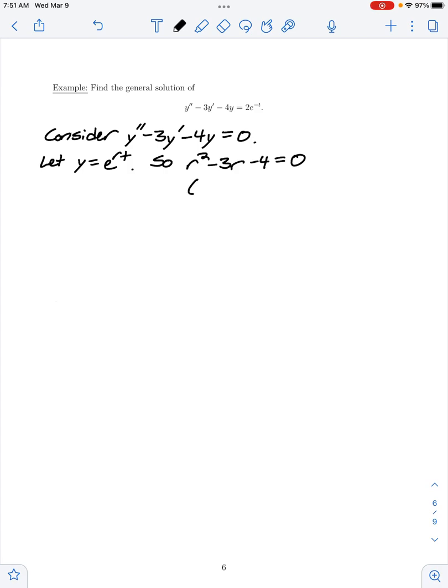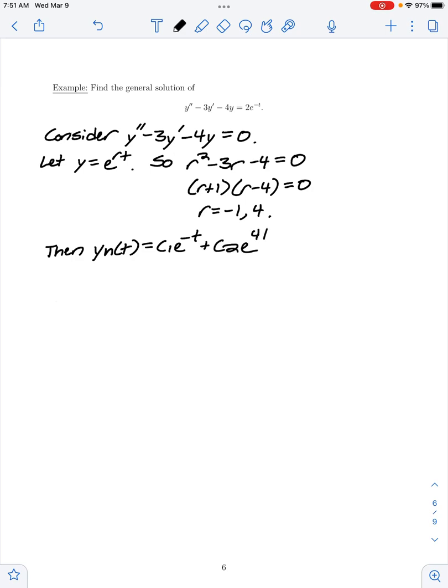This can be factored as r plus 1 times r minus 4, which means that r is negative 1 or positive 4. We again have the case of real distinct roots of this characteristic equation. So our homogeneous solution, y sub h of t, would have the form c1 e to the negative t plus c2 e to the 4t.